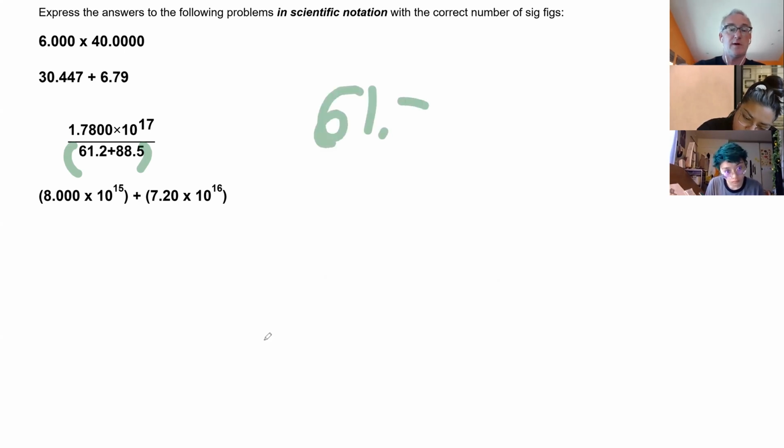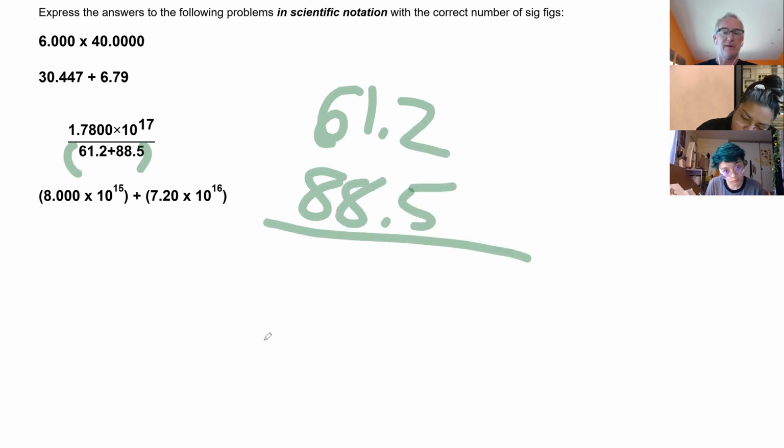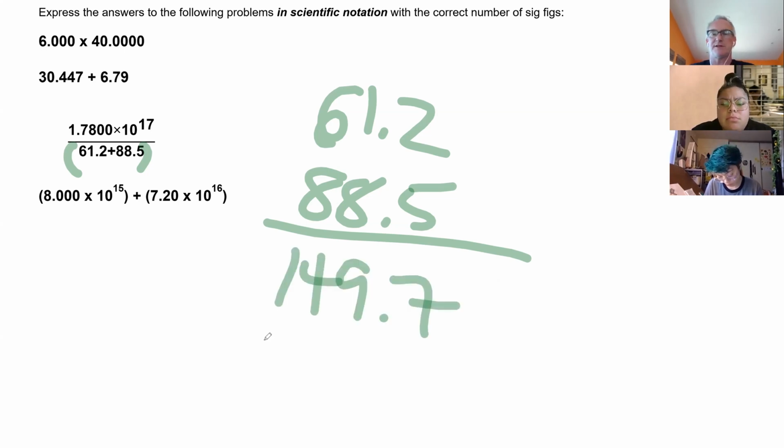So we've got 61.2 plus 88.5. So what's our answer there? 61.2 plus 88.5 is 149.7. So how many of those numbers are significant? 4. Yeah, all of them.